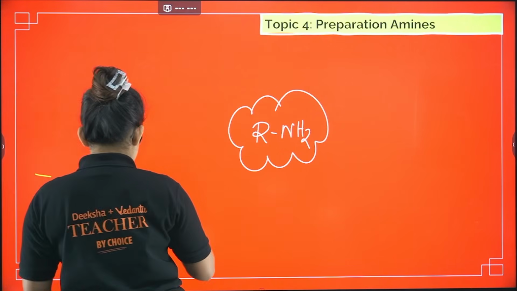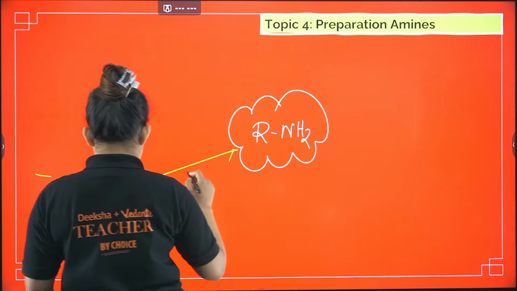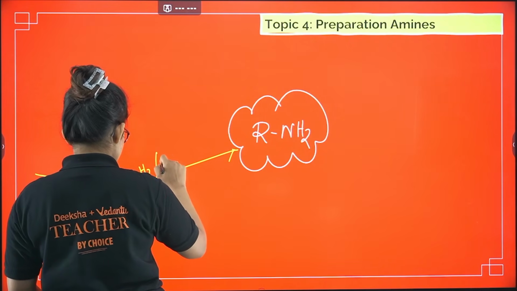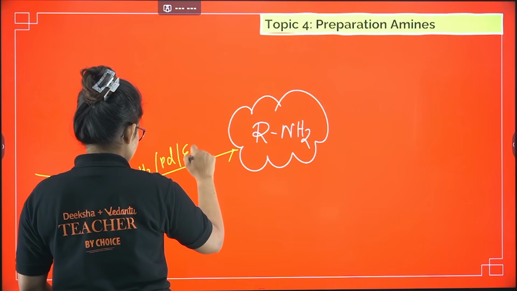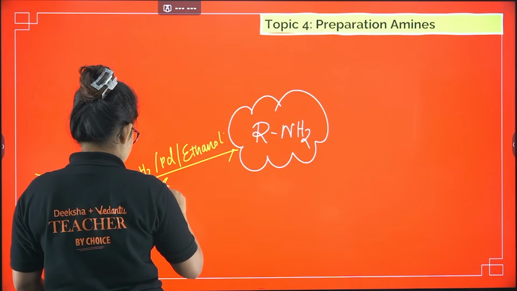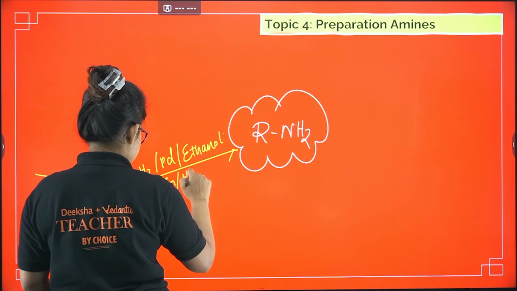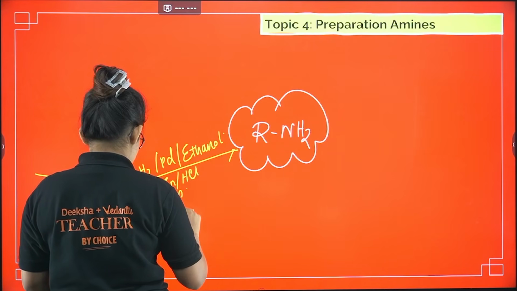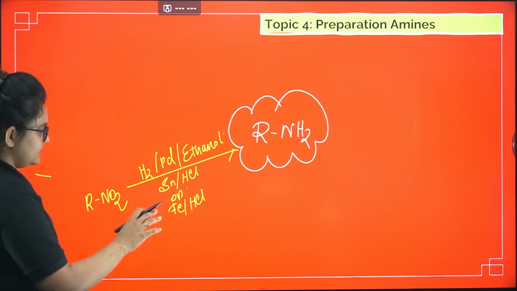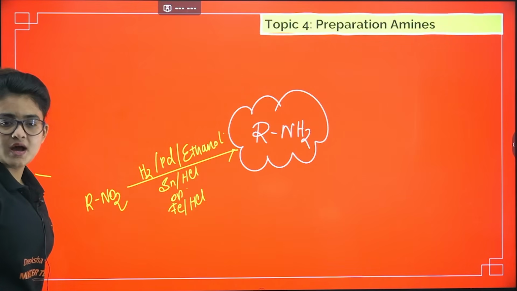From RNO2, if I want to come to RNH2, I can simply give H2 in presence of palladium. I can keep ethanol as well. Okay, or I can give Sn in presence of HCl, or I can give iron in presence of HCl. So these many options are there from nitro to RNH2.